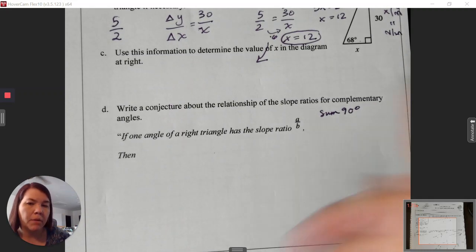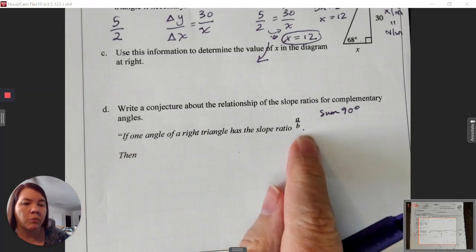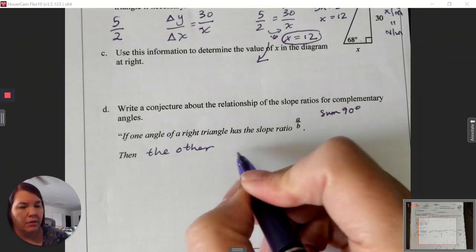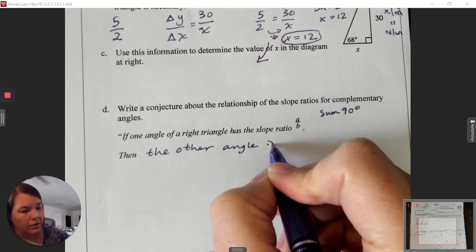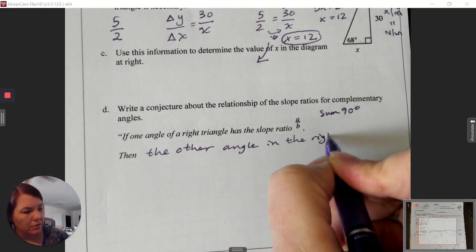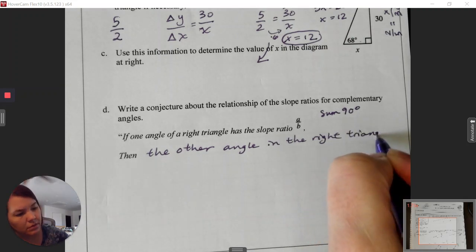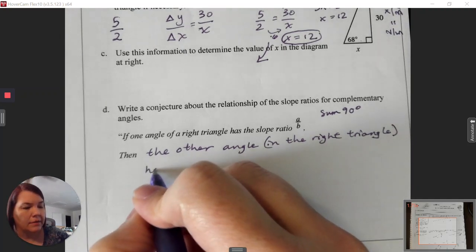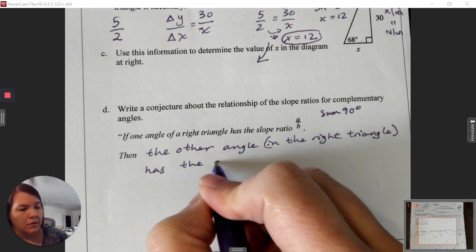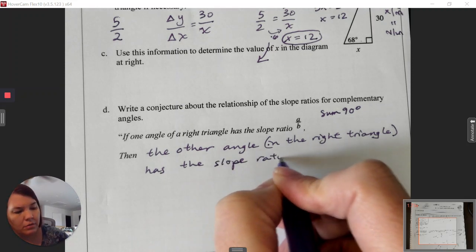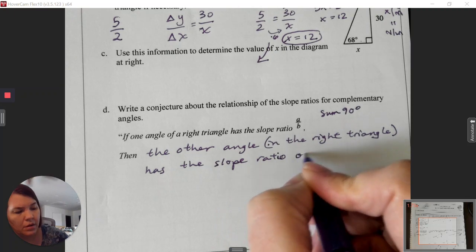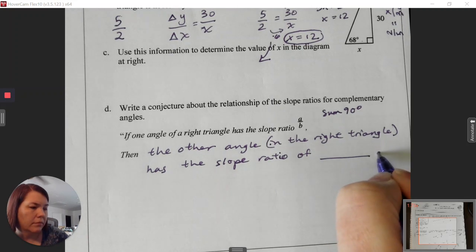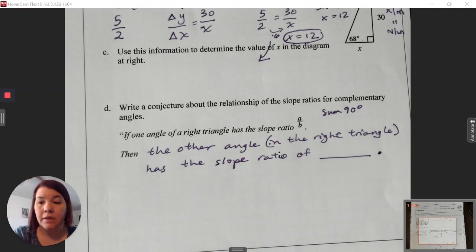So for sums of 90: if one angle of a right triangle has a slope ratio of a/b, then the other angle in the right triangle has the slope ratio of blank. Take a minute, write that down, decide what you think goes in the blank.